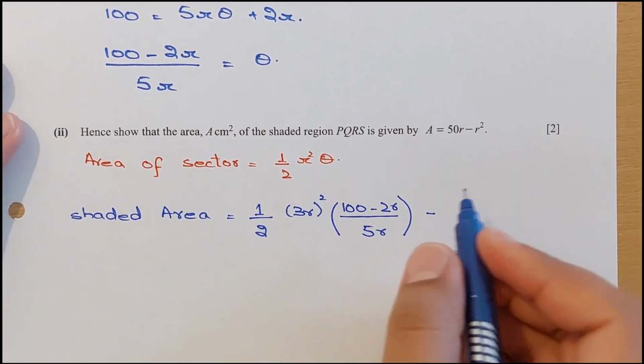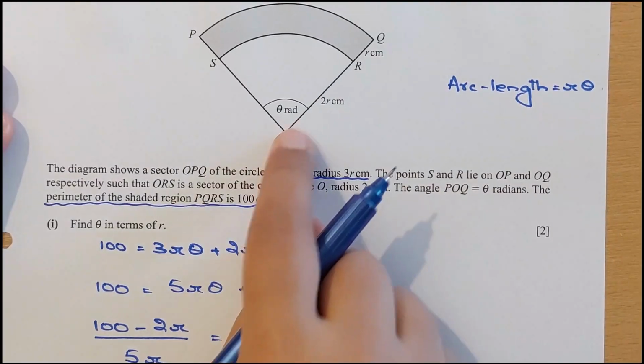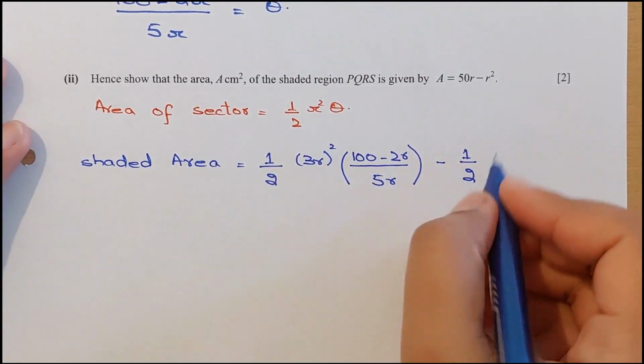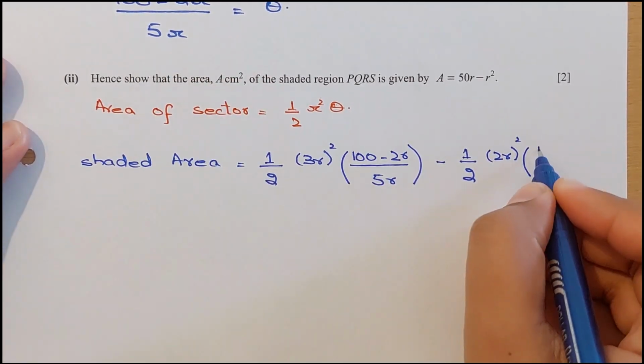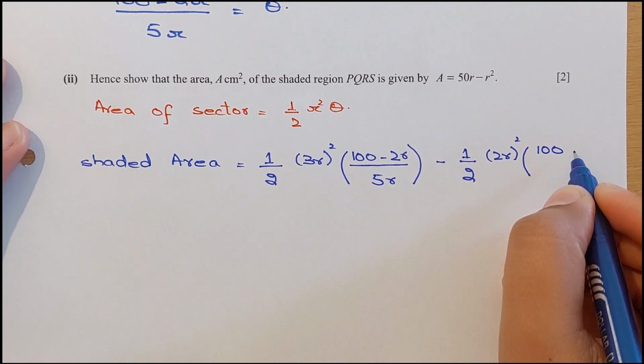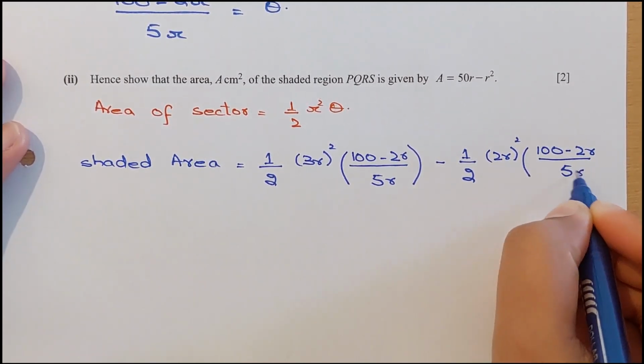Subtract the area of the smaller sector. The smaller sector is half, its radius is 2r squared, and the same value for theta, (100 minus 2r) divided by 5r.